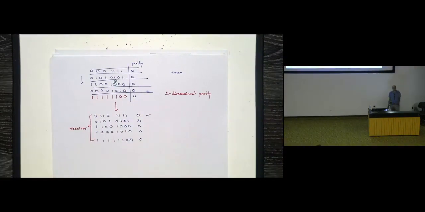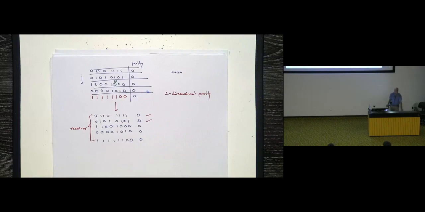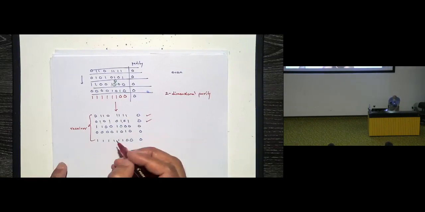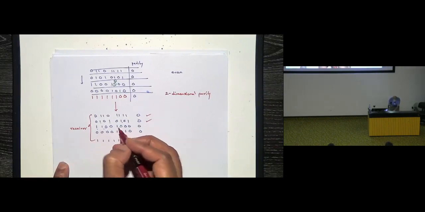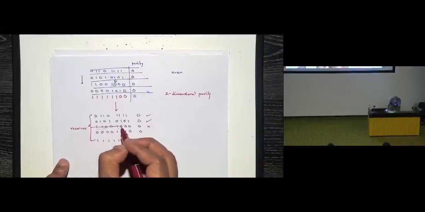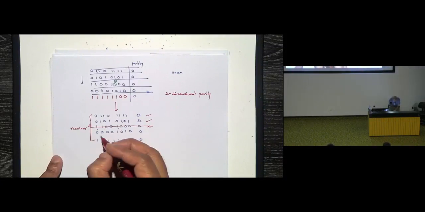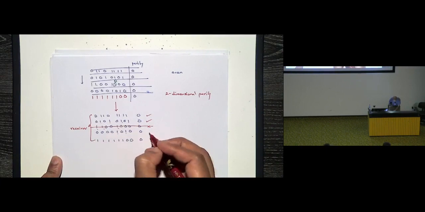So no error here. 1, 2, 3, 4, even number, no error. 1, 2, 3, odd number. So I know that there is an error in this particular row. Right now I can't tell which one has the problem, but I know there's a problem. And now here, next row, 1, 2.